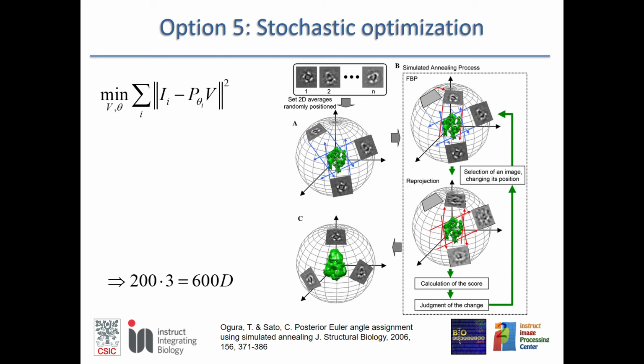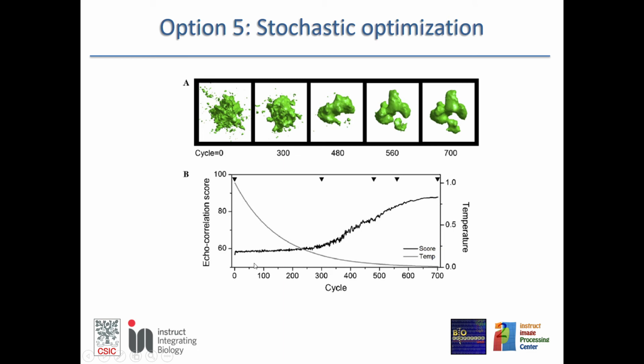And this given probability depends on something, so as iterations go, they allow for fewer and fewer errors. This algorithm is called simulated annealing, and they showed that they could, for instance, go from something completely random to the right structure in many cycles, 700 cycles.